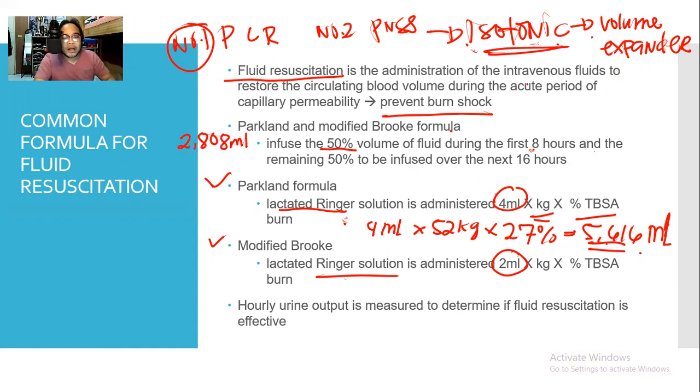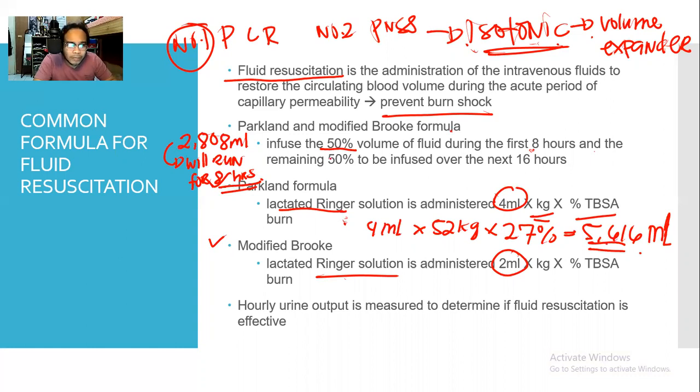Okay? Ito yung 50%. This will run for 8 hours.